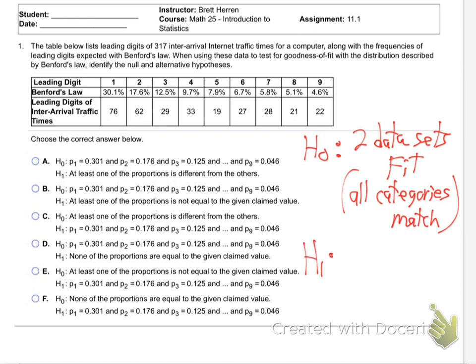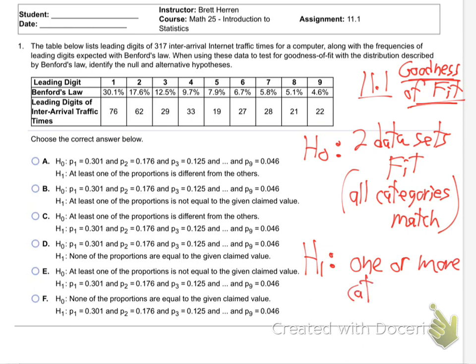And the alternative for everyone in this section, and this is 11.1, goodness of fit, is that one or more categories do not fit.